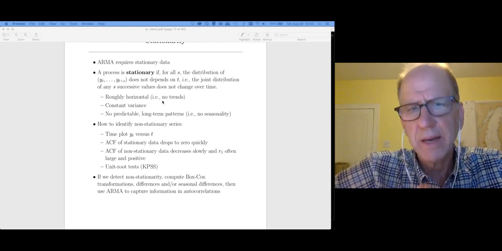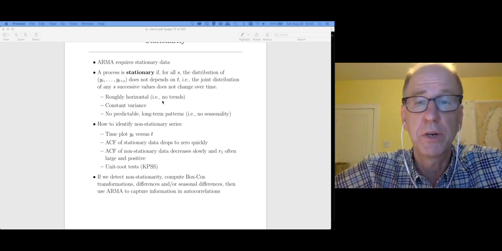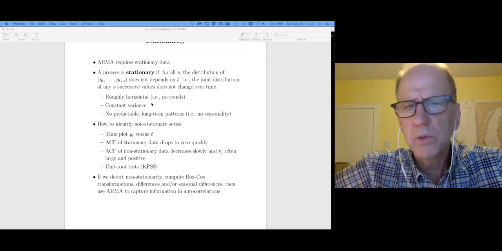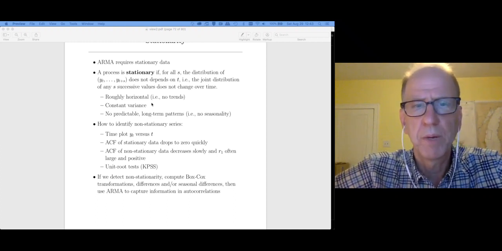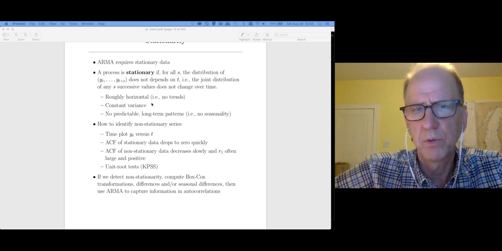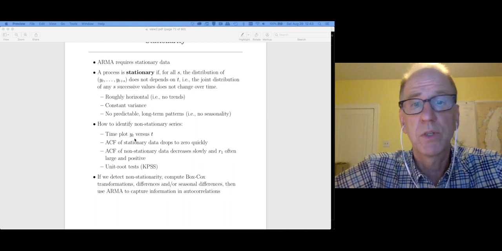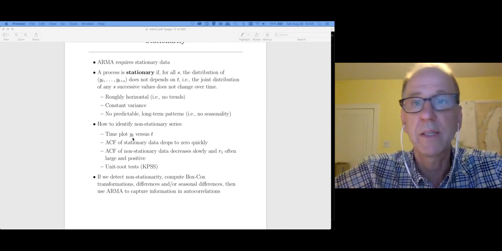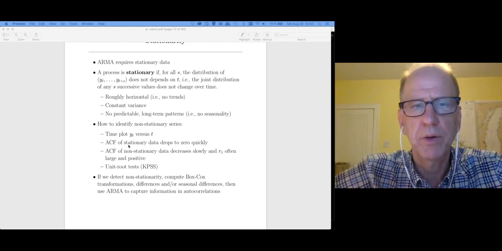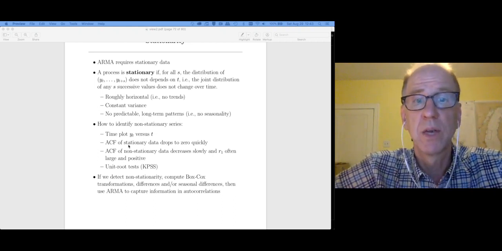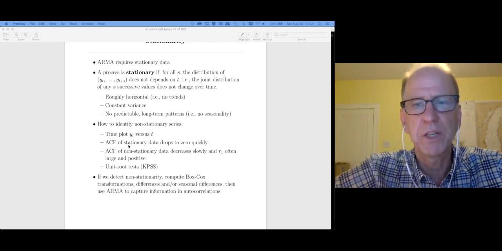How do we diagnose whether our time series is stationary or not? We're going to use a lot of the tools that we've already seen before, but maybe with a new eye to identifying stationarity. We'll start with just the time plot, so plot y_t versus t. Then we'll look at our autocorrelation function. Remember, the autocorrelation function tells us the correlation between adjacent observations.